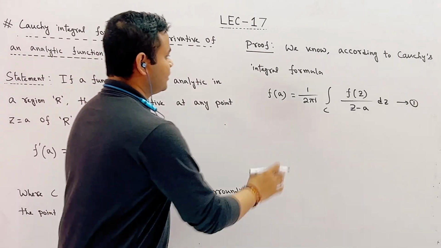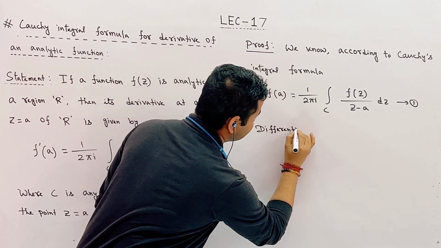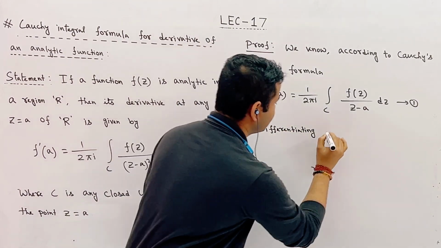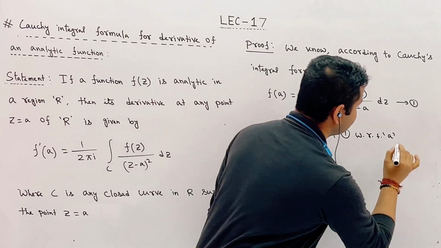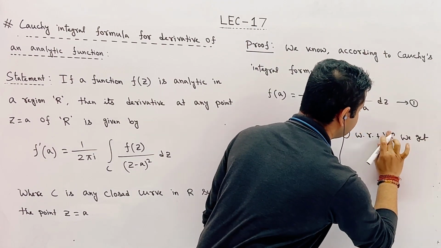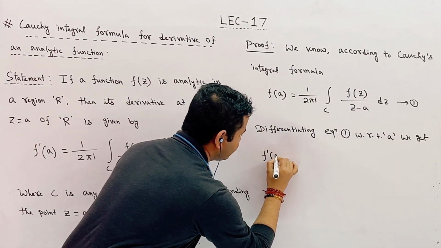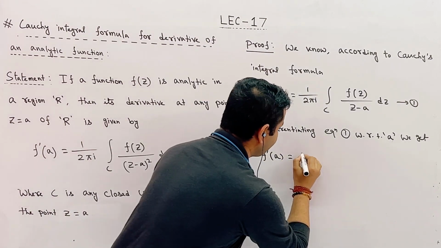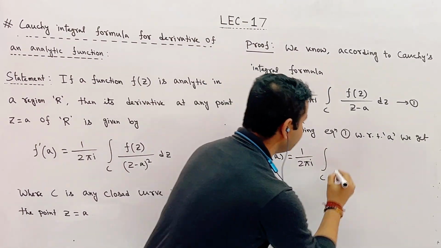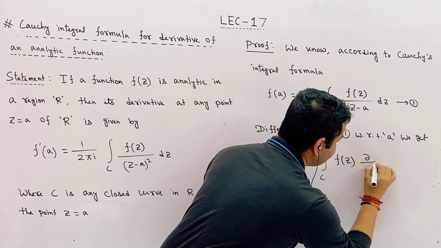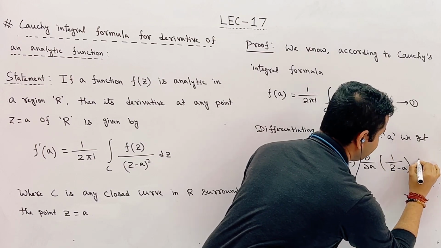Equation number 1. Now, differentiating equation 1 with respect to a, we get f prime(a) is equal to 1 by 2πi integration along curve C of f(z) times the partial derivative with respect to a of 1 by (z minus a) into dz.